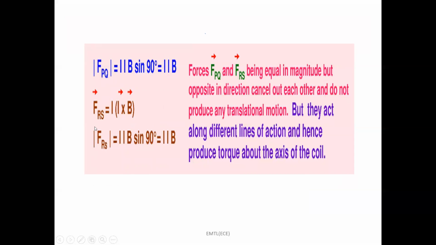In a similar manner, on the RS side also the force is equivalent to IL cross B, which is equal to ILB sine 90 degrees. Sine 90 value is 1, so ILB. By observing these two values, the forces experienced by the sides PQ and RS are equal in magnitude but in opposite direction, cancel each other and do not produce any translation motion.